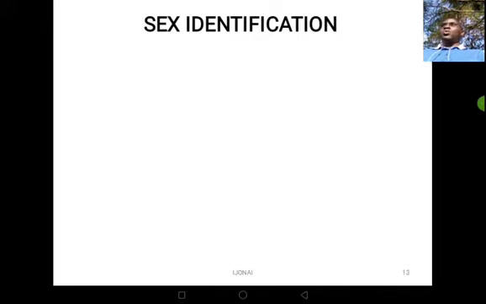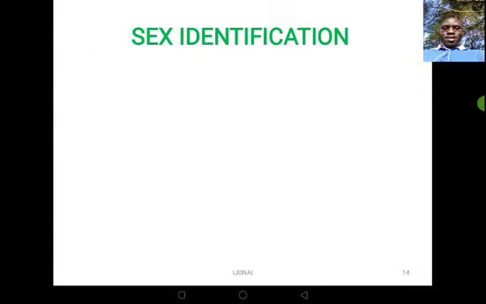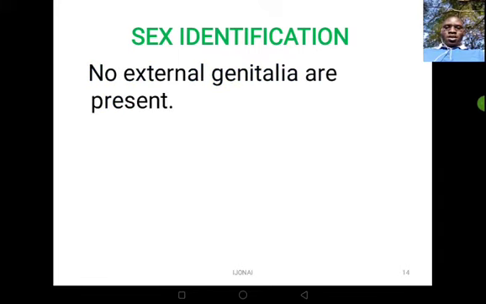So let's proceed to sex identification. How do you identify whether this organism is male or female? Which methods do you use to identify whether they are male or female, given the fact that these organisms do not have any external genitalia like the way it is in mammals.